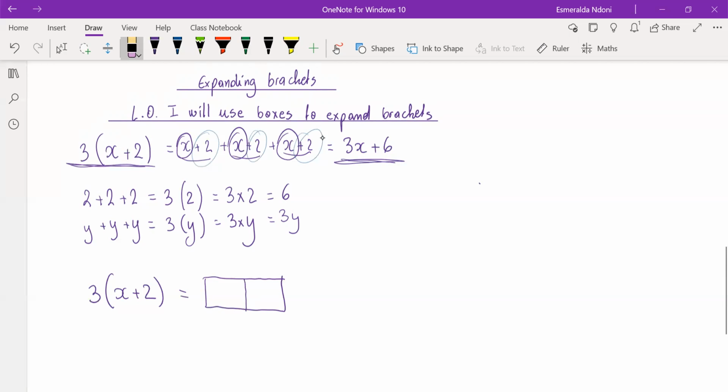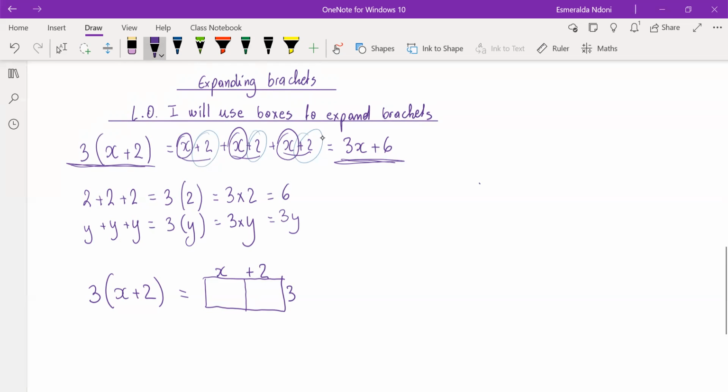X doesn't have units and tens. So we're just going to leave it like this. We have 3 times x plus 2. So x plus 2 and then I have a 3.